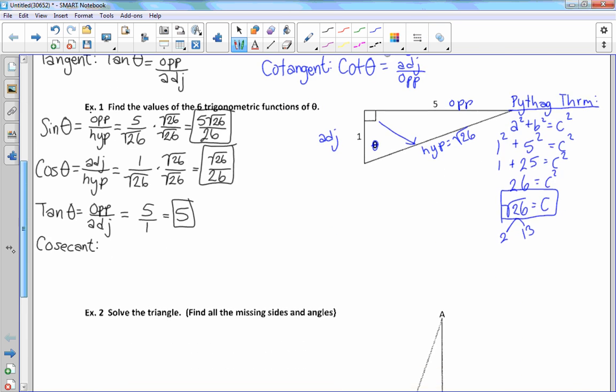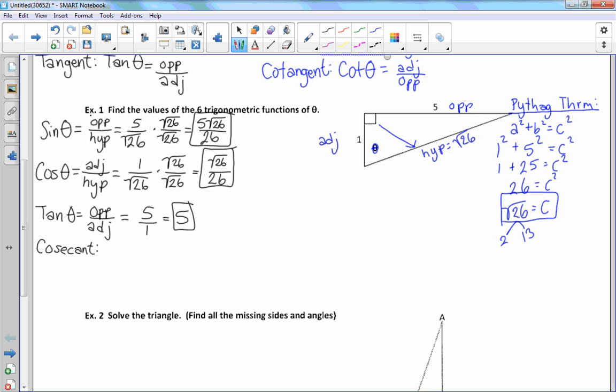Go back to the original sine function. I don't want to use this one, because if I do that, then I have to rationalize my denominator again. But if I use this one, then it will work out nicely. So I go back to the original sine and flip it. So cosecant, maybe I should actually put the theta in.